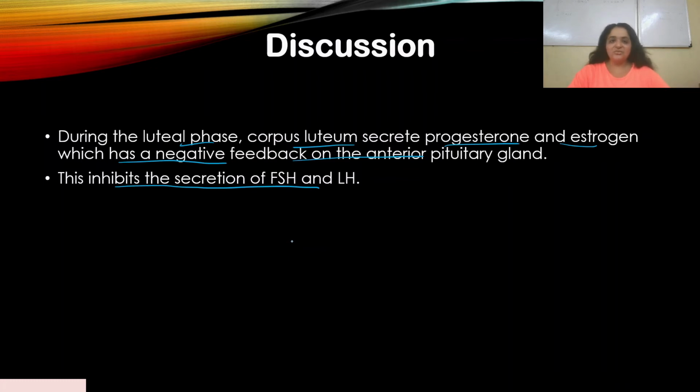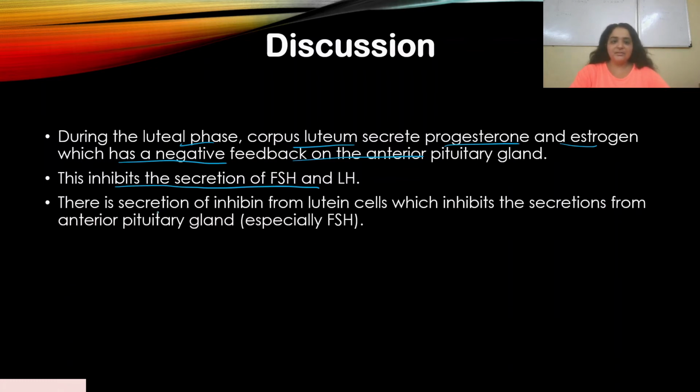During that time, there's also secretion of inhibin from the lutein cells. Inhibin is another hormone secreted by the corpus luteum, which inhibits secretion from the anterior pituitary gland, especially FSH. So it plays a very important role in blocking FSH secretion.